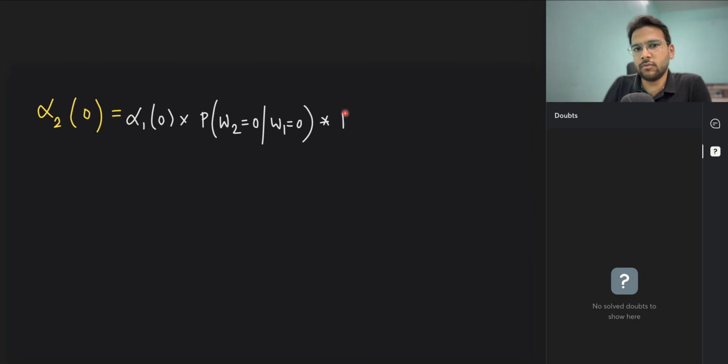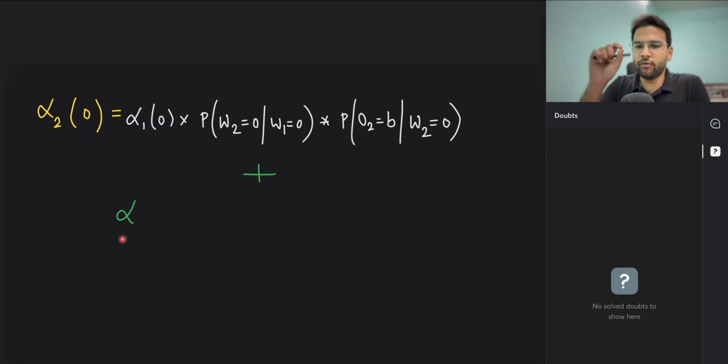As per the question, we have to consider O2 is equal to B given W2 equal to 0. Is this clear so far? Plus, if you have your notes handy, from whatever previous lecture we have discussed, just open your notes and read the formula. You will be able to relate it.